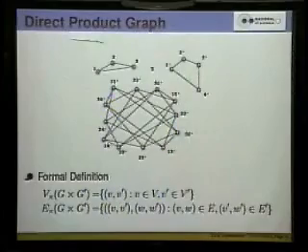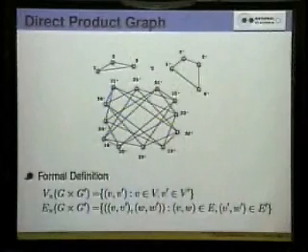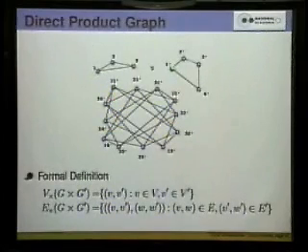And then you would connect 2 nodes if and only if the corresponding 2 nodes are connected in the original graphs. So for instance, you see that 1, 1 prime would be connected to 2, 2 prime, because 1, 2 and 1 prime, 2 prime are connected in the original graphs.